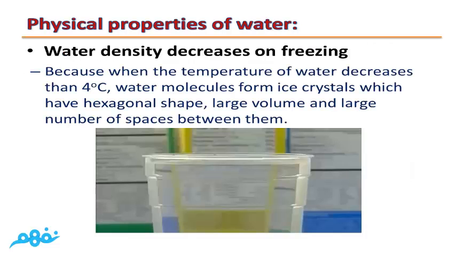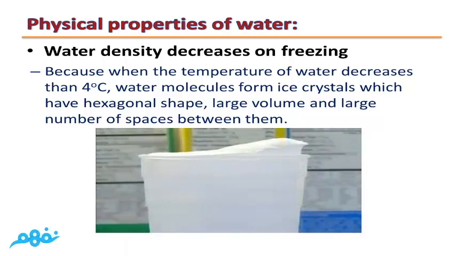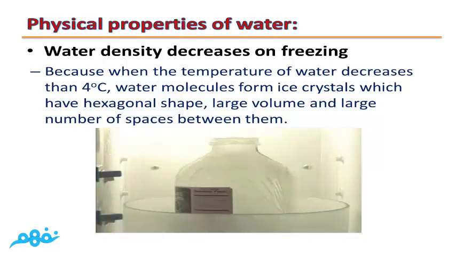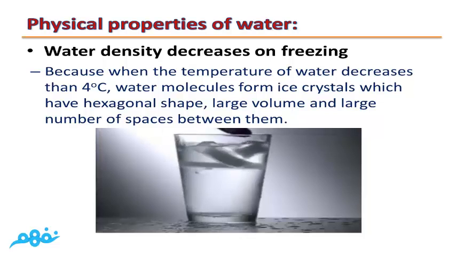Water density decreases on freezing. This is because when the temperature of water decreases than 4 degrees Celsius, water molecules form ice crystals, which have hexagonal shape, large volume, and large number of spaces between them.